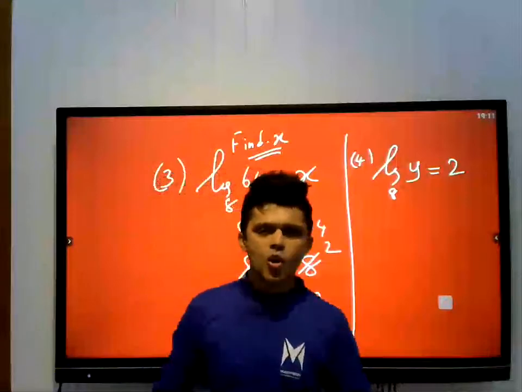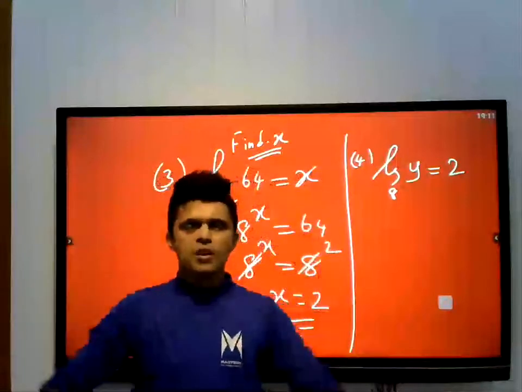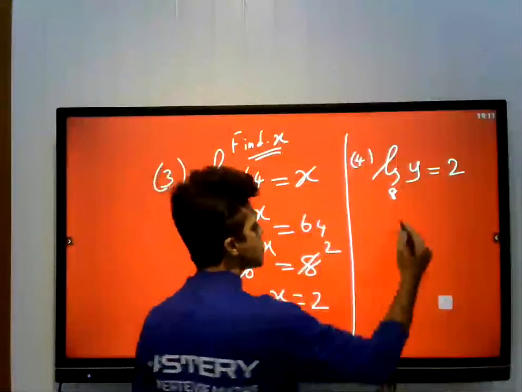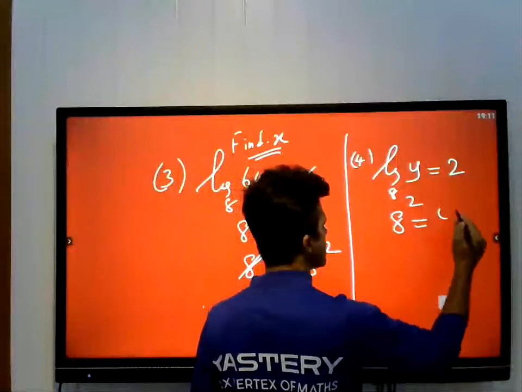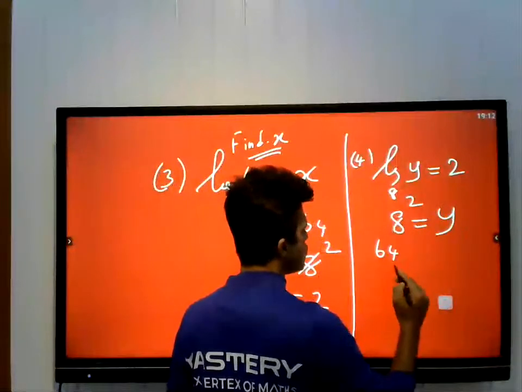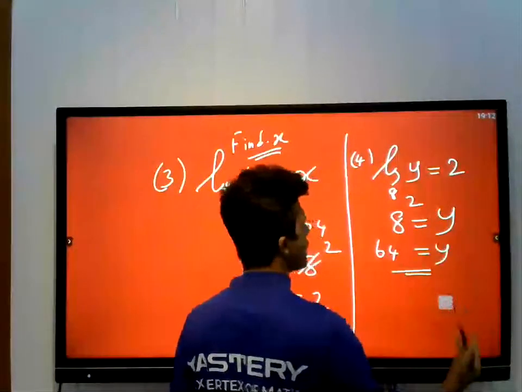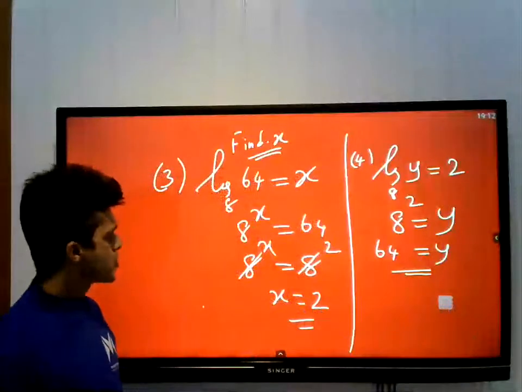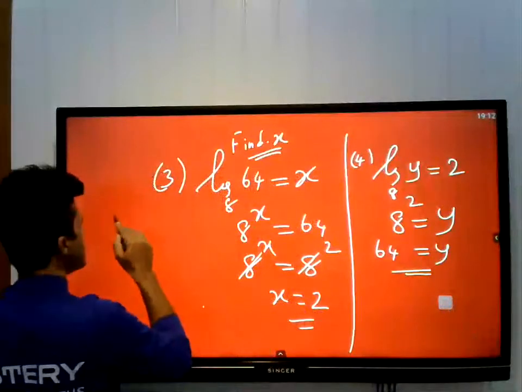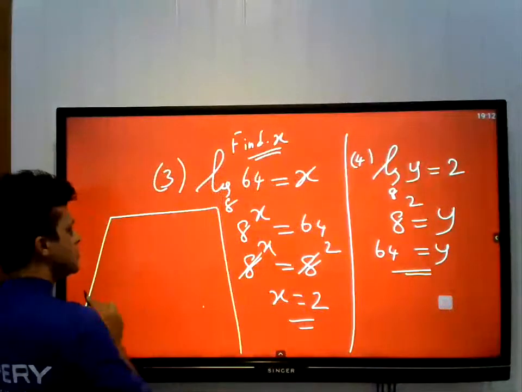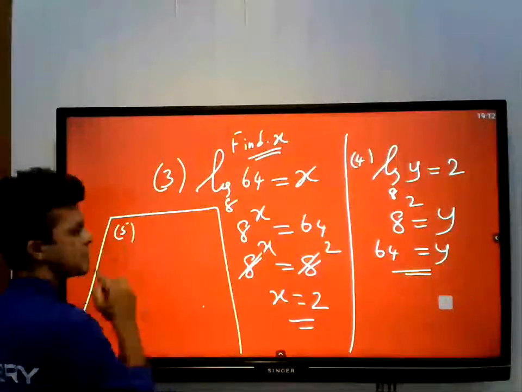Writing this logarithmic form in index form, 8 to the power 2 equals y. So 8 to the power 2 means 64, which means y equals 64.